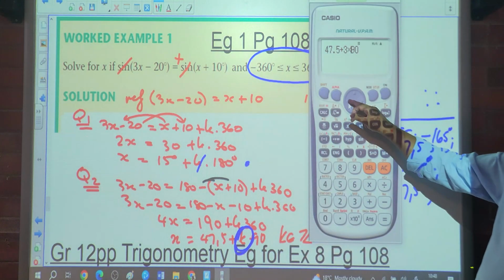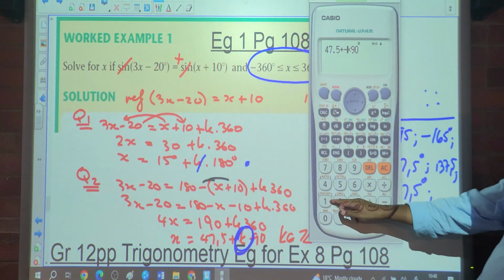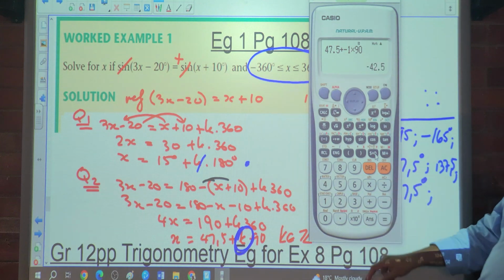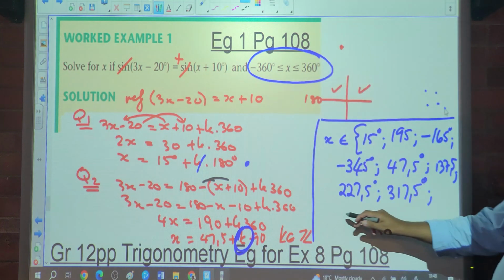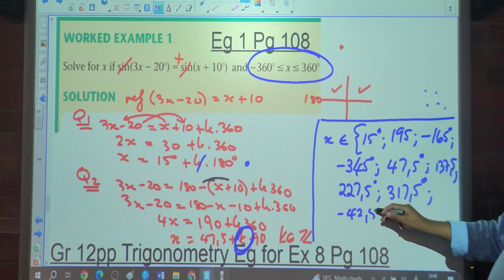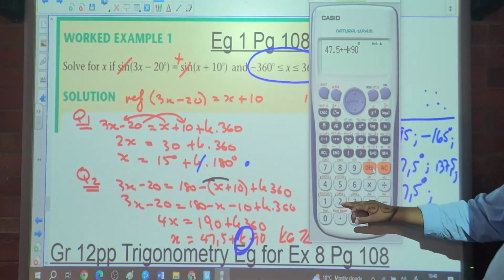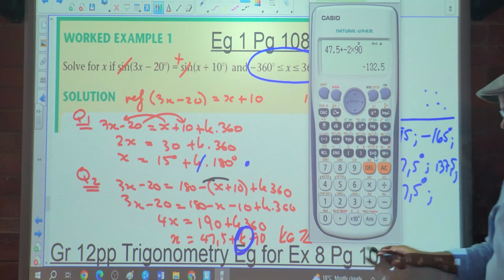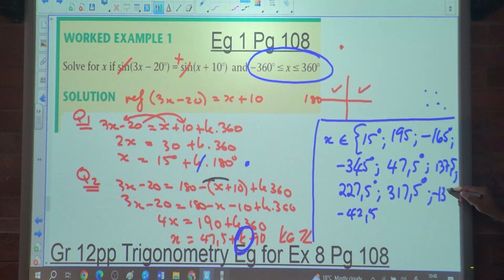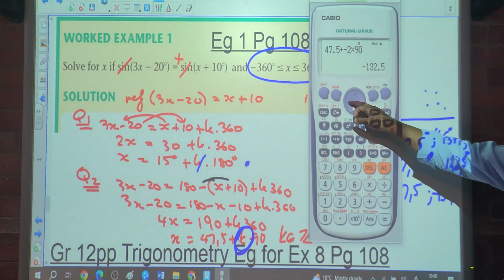Replace this with negative 1. Gives me negative 42.5. Now put minus 2 in. Negative 132.5. And I put minus 3.